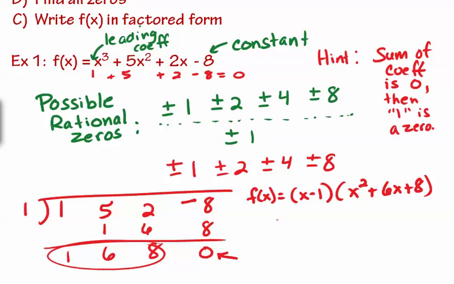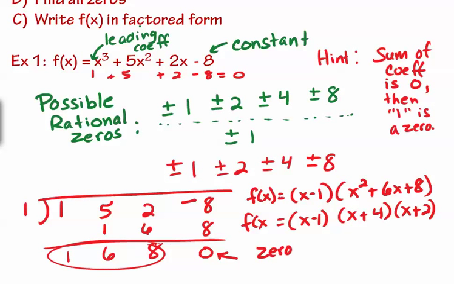And the remaining coefficients, look at your synthetic division results, x squared plus 6x plus 8. Once we get to a quadratic, you can either factor it or you can go to quadratic formula. And we can see the factors here. So here's f of x in factored form, and our zeros of the polynomial then. Each one of these gives us a 0, and they could be x equals 1, x equals negative 4, x equals negative 2.